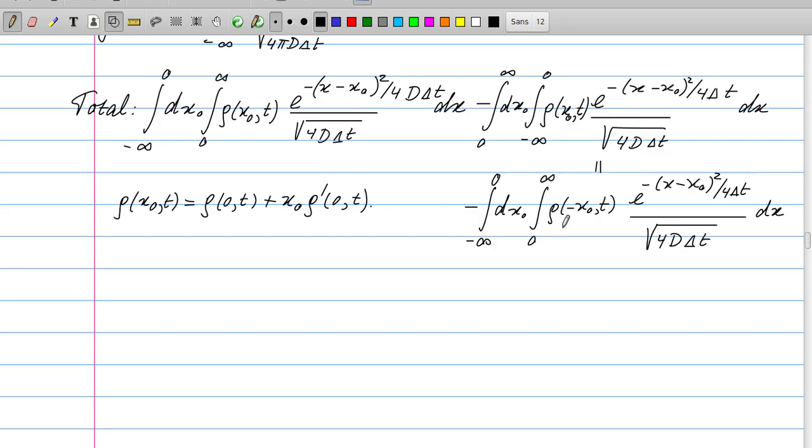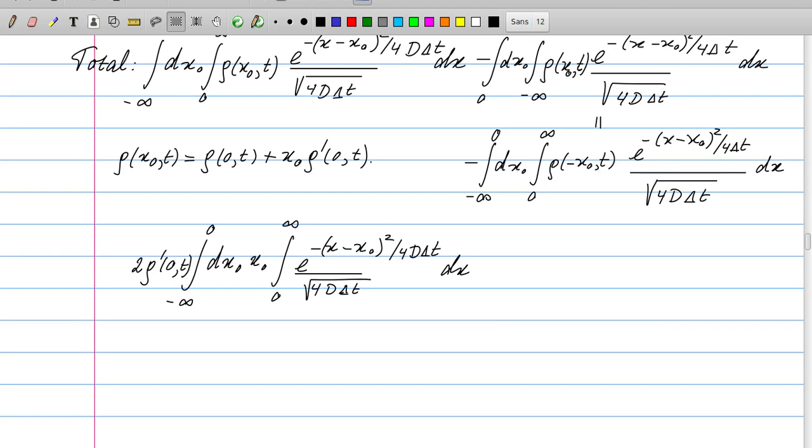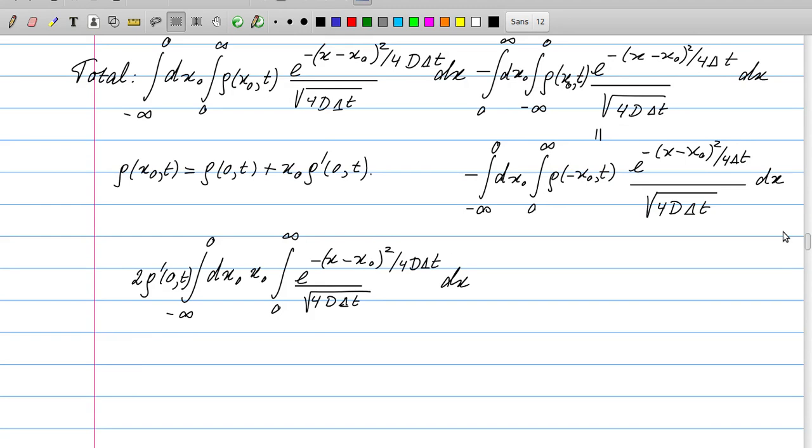And therefore the result is the following. Here is the resulting expression, which has a factor of 2 because I have the same contribution for the first term as I have for the second term, however with a different sign, because the x0 has turned into a minus x0 there. And together with this minus sign I have a factor of 2.